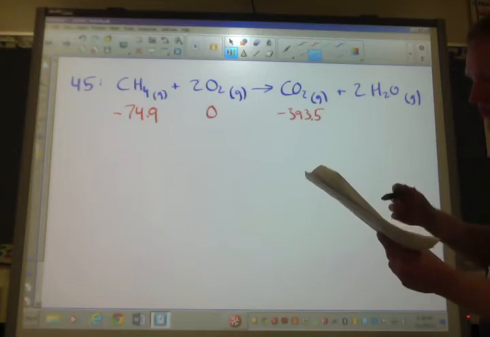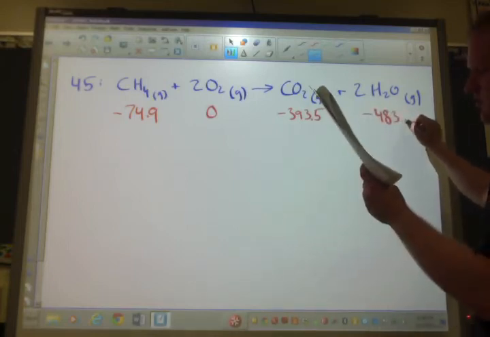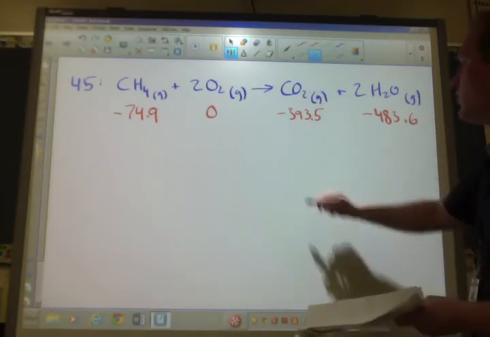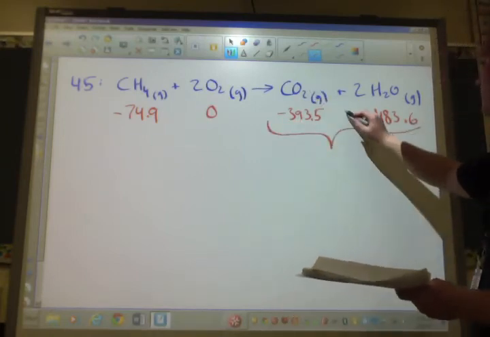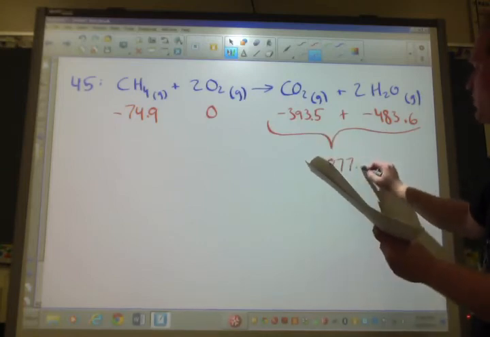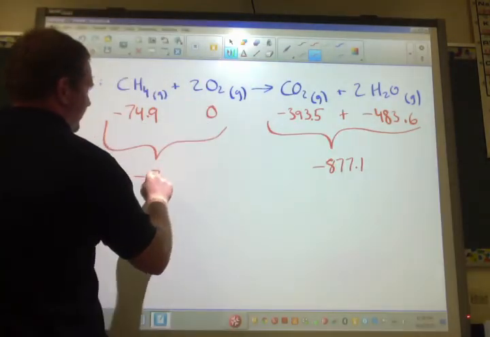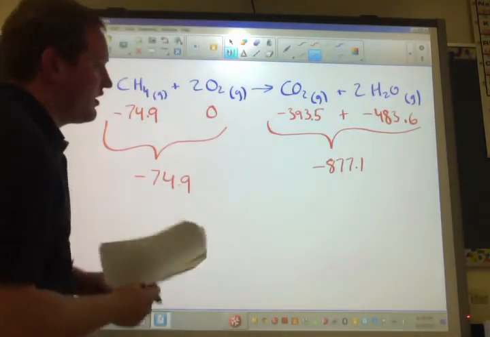Multiply that by 2 moles. Moles cancel moles, and we get negative 483.6. Okay? What we now do is add these together. Gives us negative 877.1 kilojoules. Add these together, negative 74.9 kilojoules.